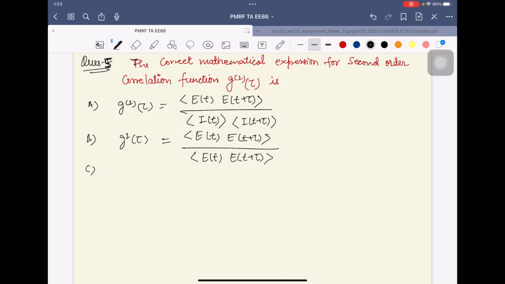The C option is G2 tau equal to I(t plus tau) divided by I(t plus tau).